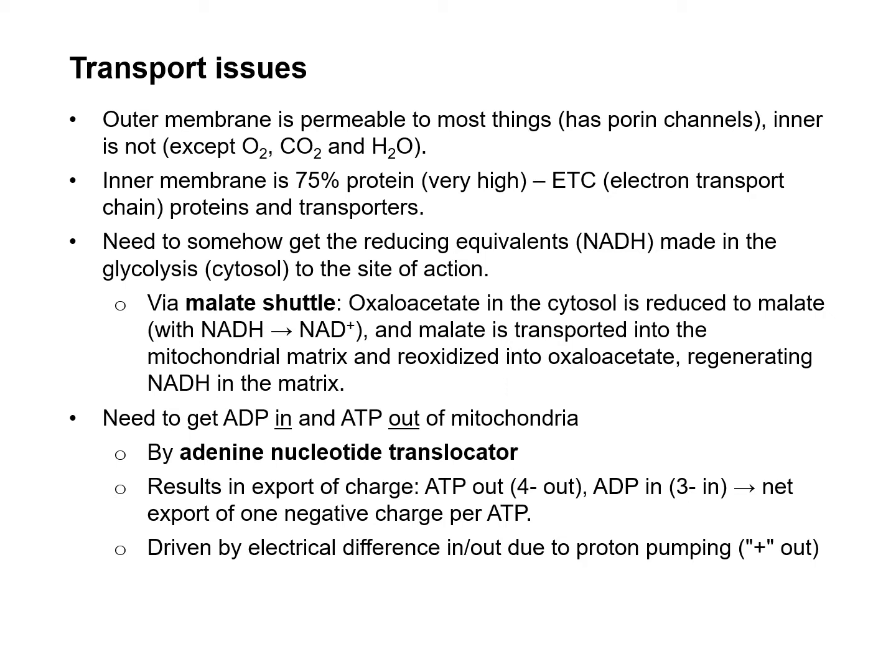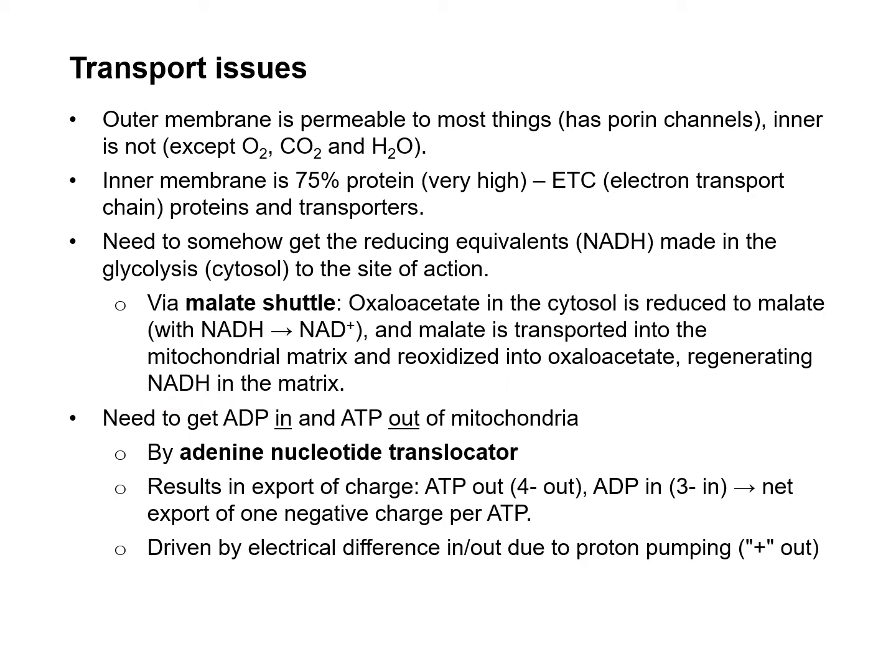In order to do so, it uses a system called the malate shuttle, where oxaloacetate in the cytosol is reduced to malate with this NADH that is oxidized into NAD+, and then this malate is transported into the mitochondrial matrix using this malate shuttle, and then reoxidized into oxaloacetate for getting into the TCA cycle, and it also regenerates this NADH in the matrix.